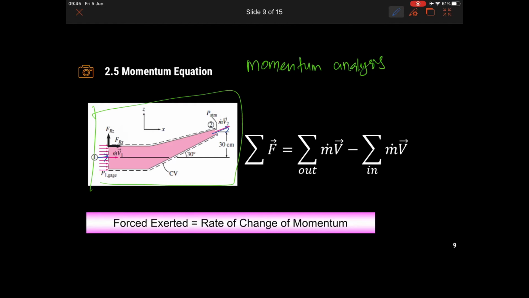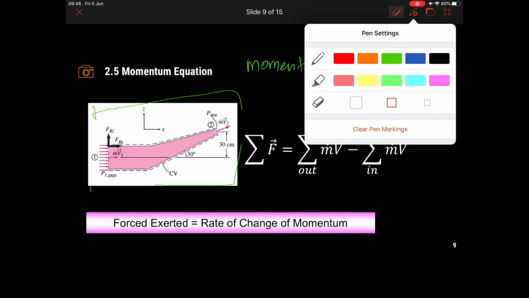So definitely velocity 1, velocity 2, but it has a bending shape here with a specific theta. If the velocity is high, the pressure is also high here. The pressure gauge here, P1 pressure gauge, is high. Definitely we need something to hold this bending elbow pipe in position.